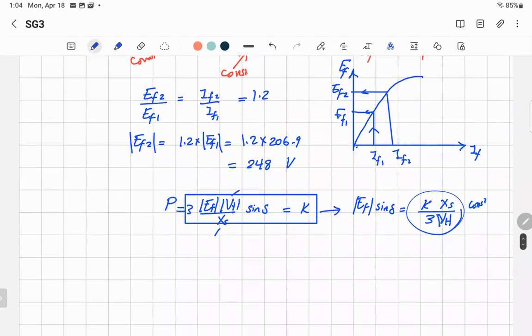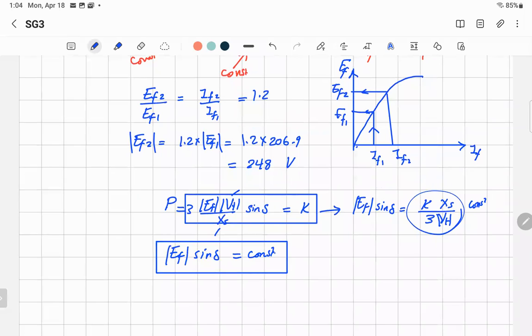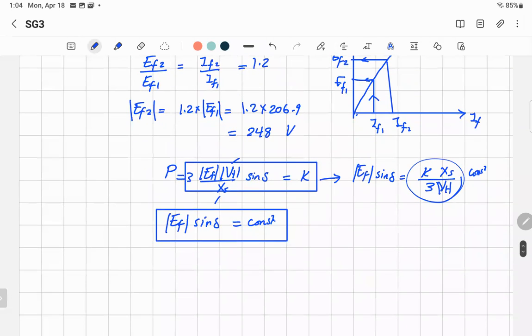So what I'm trying to say is that EF sine delta should be constant if the power is constant, and you're only changing the field current. You always keep EF sine delta constant. In this case, if you have the old information, you can find the new delta. Why? Because EF sine delta equals constant.